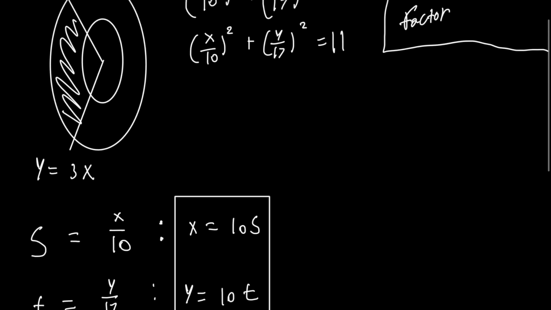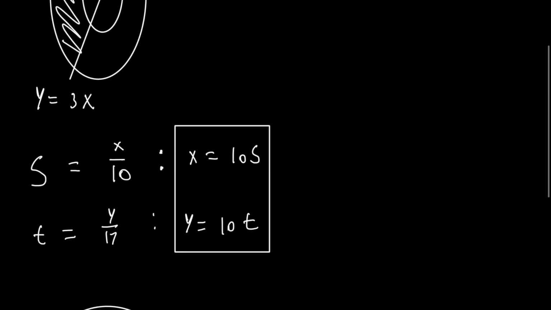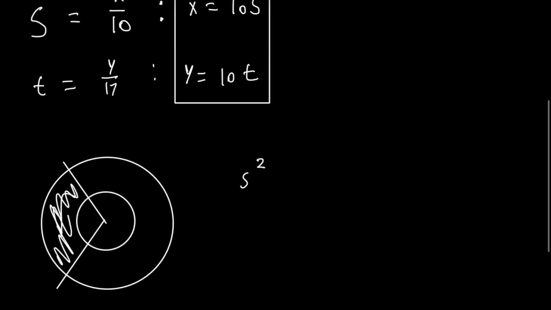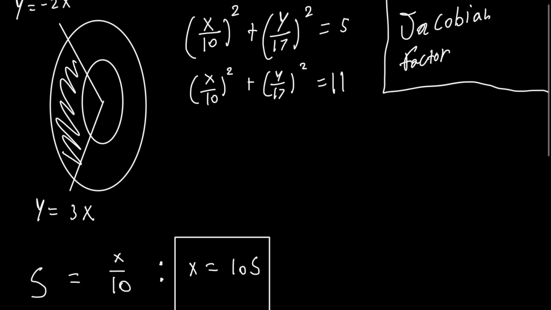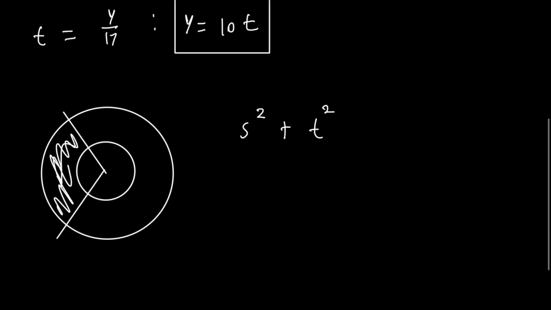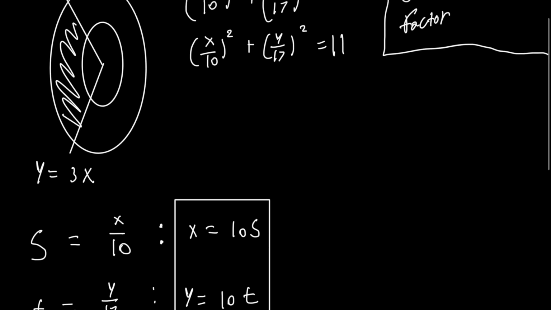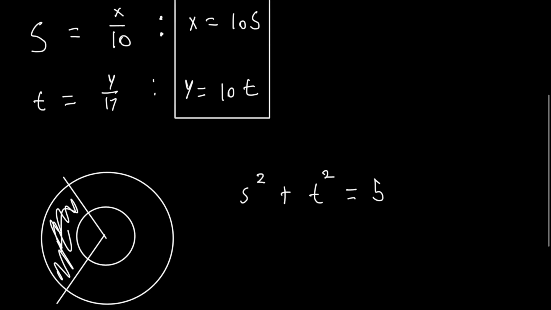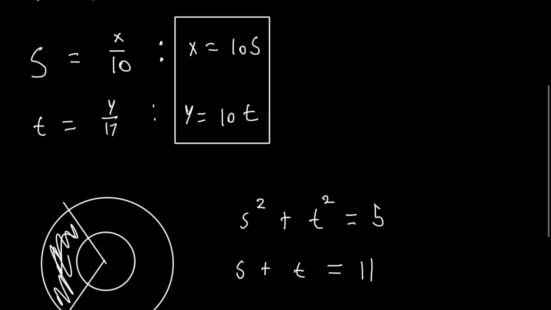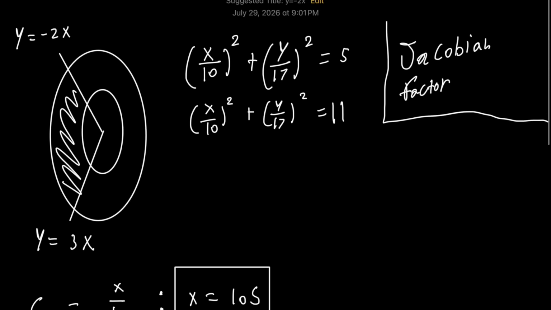So let's go back. Here was x over 10 squared. Our x over 10 is s, so s squared, plus y over 17, that's t squared, and that equals 5. Here I meant to say s squared plus t squared. Please forgive me.